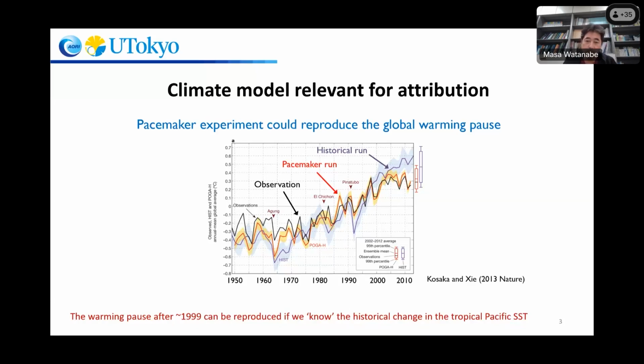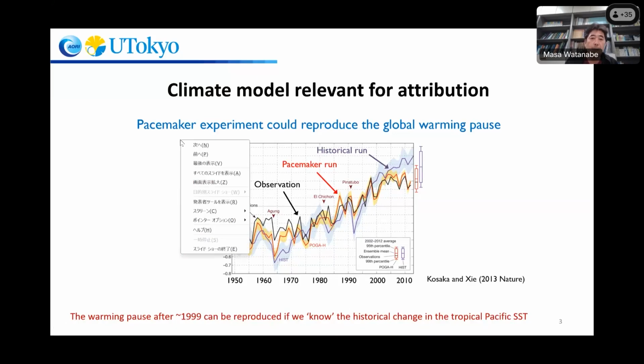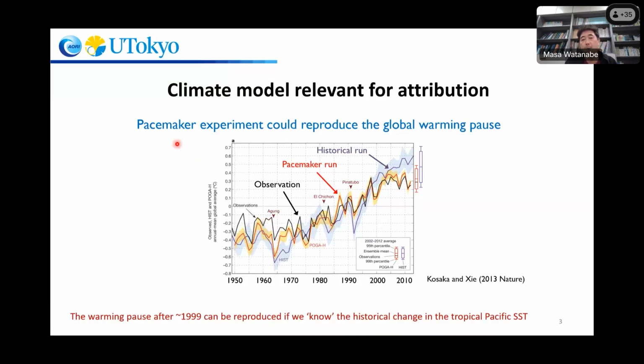One is work by Kosaka and Xie, focusing on reproducing the global warming pause by doing the so-called pacemaker historical experiment. In that, the tropical Pacific sea surface temperature variability has been nudged to observations to constrain the model. And you could see the pacemaker run reproduces the warming hiatus much better than the CMIP5 historical runs.